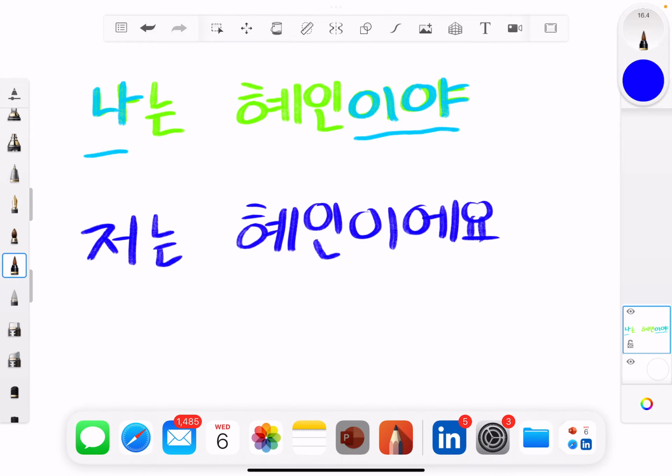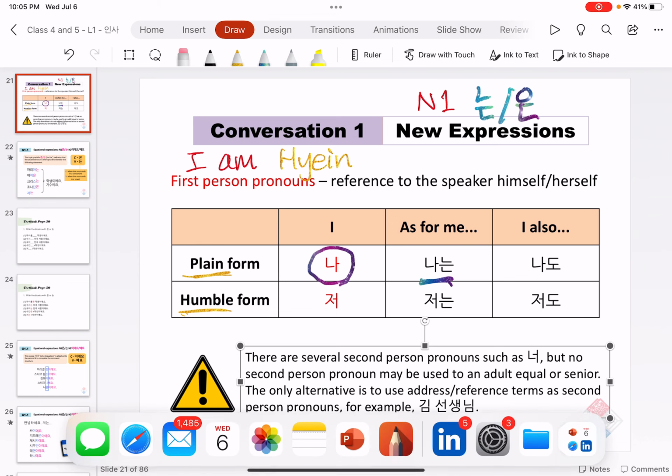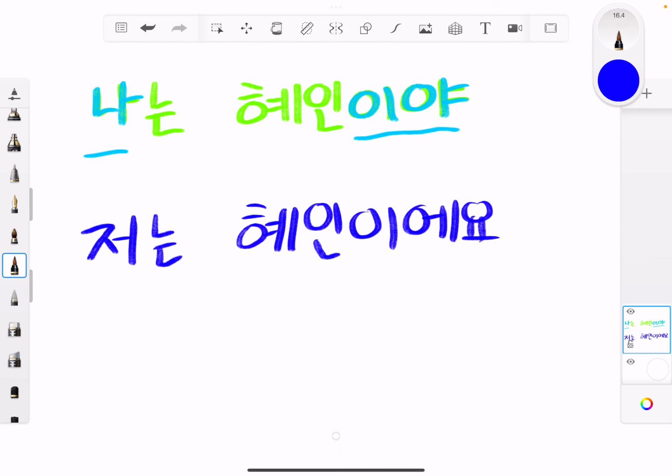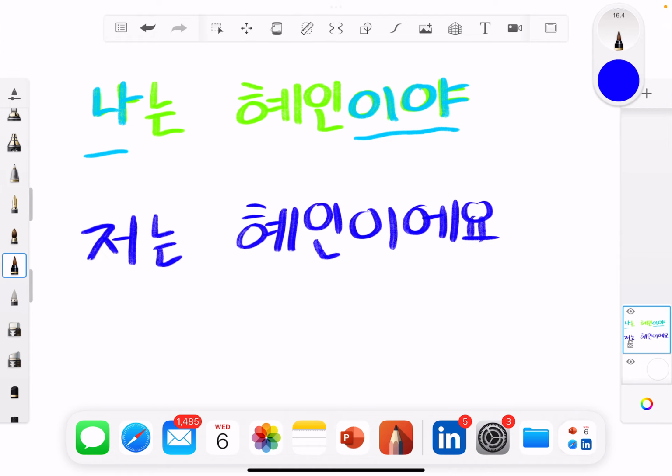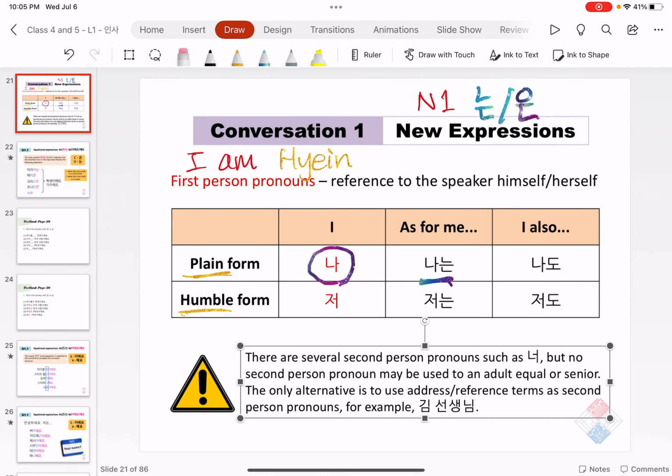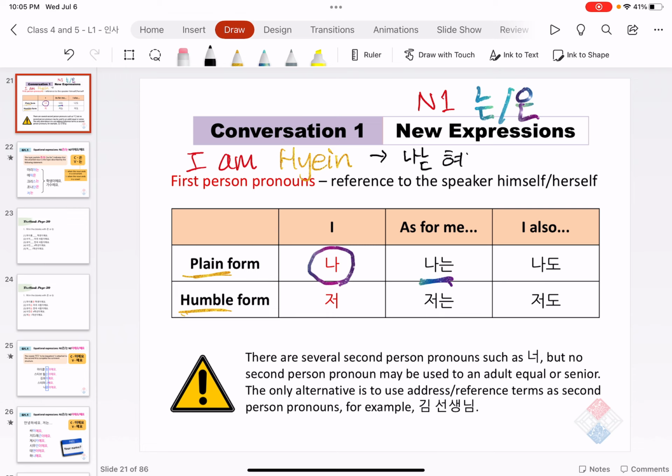I'm going to go back to this chart. In a plain form, I am Haein. 나는 Haein이야. 저는 Haein이에요.